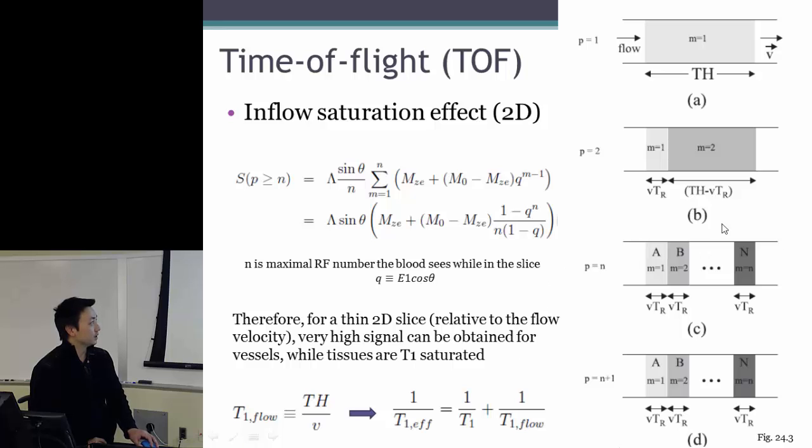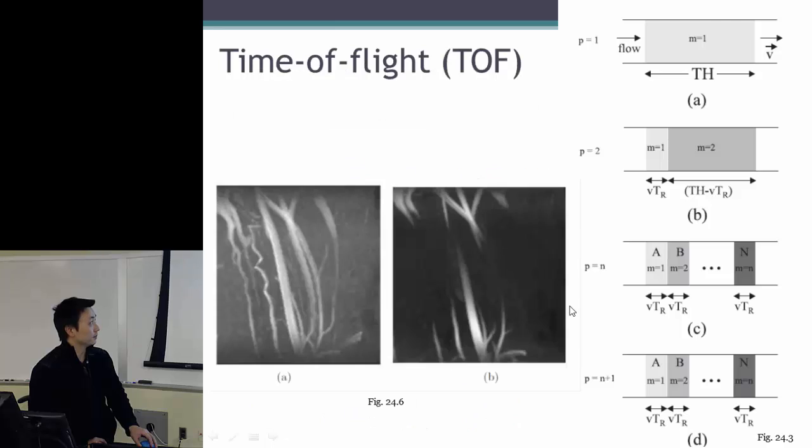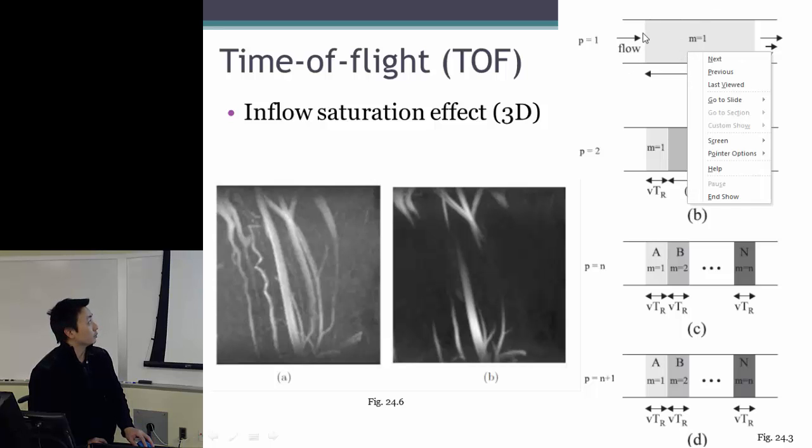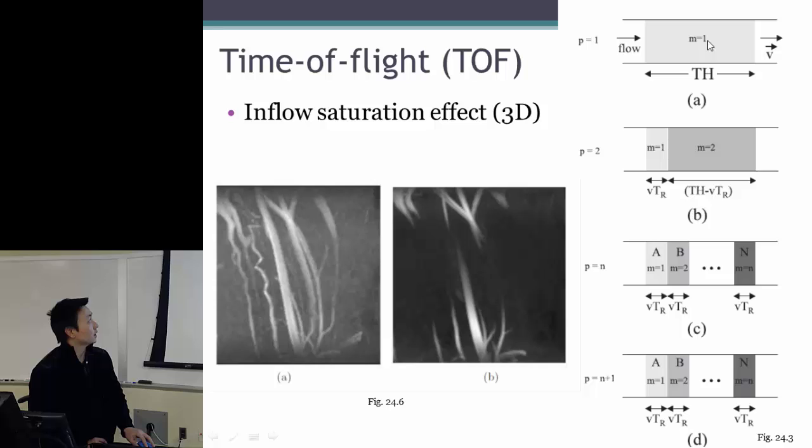In the 2D case, the blood signal is a sum of different blood spins that have experienced different RF pulses. But for the same plot, we can take a look at the inflow saturation effect in 3D. Let's assume this is the imaging slab, and we will be doing the partition encoding along this direction.